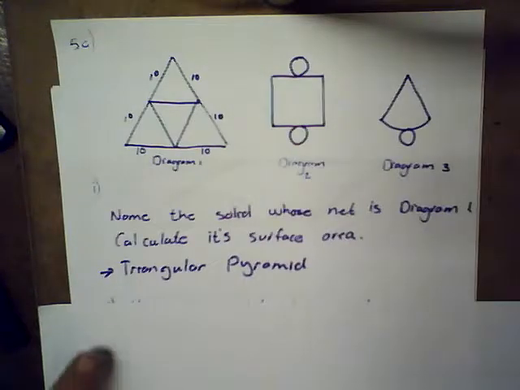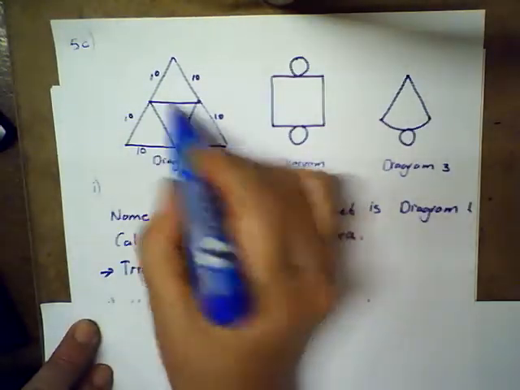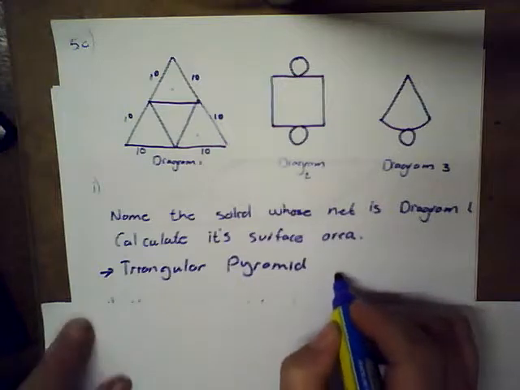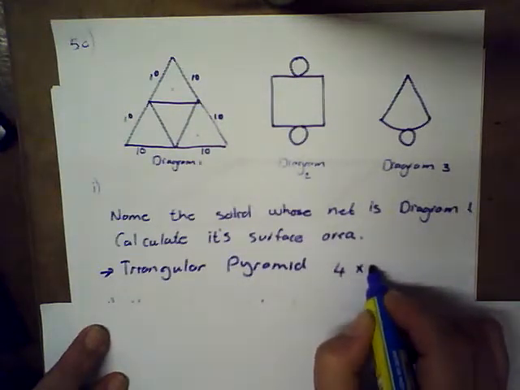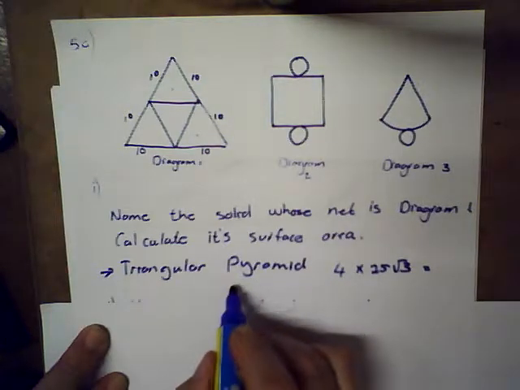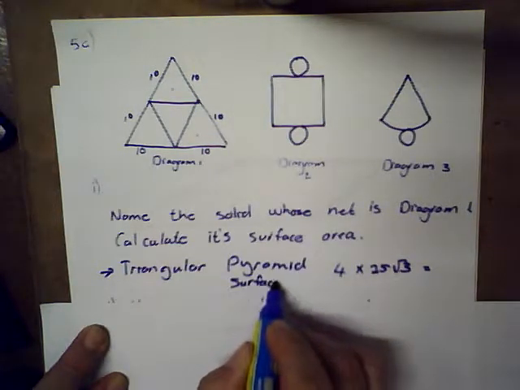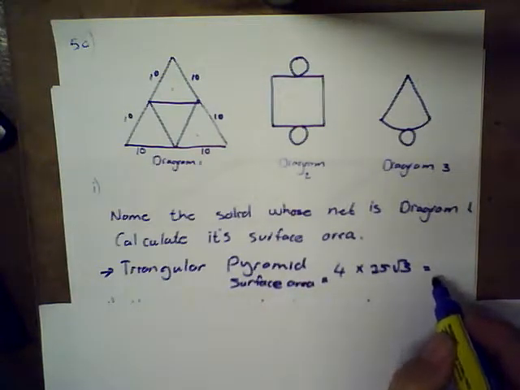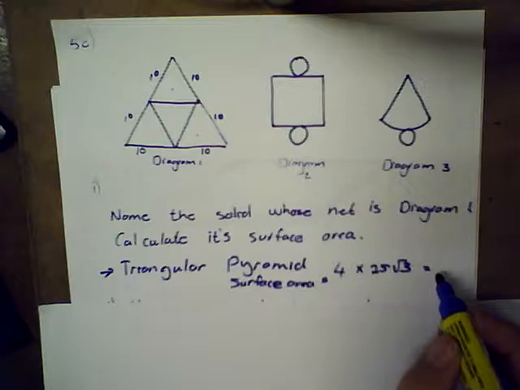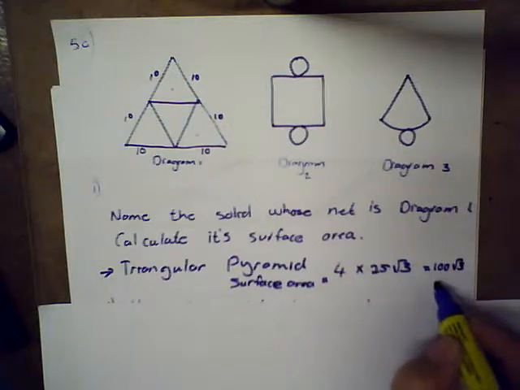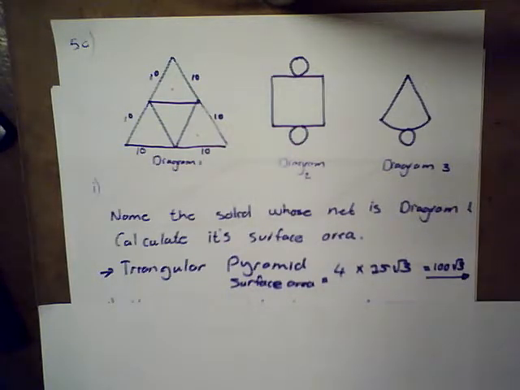But now we have 1, 2, 3, 4 of those little triangles. So the surface area would be 4 times 25 square root 3. And I should have written there surface area. Okay. And if I do that on my calculator, I should get 100. Is that right? 4 times 25 is 100 square root 3, and that is a good answer.